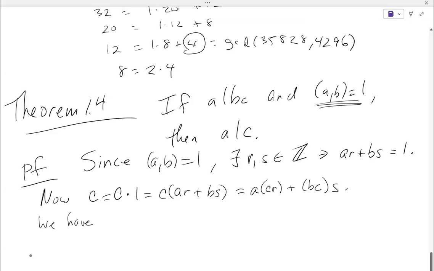Look at this first term. Remember, we're trying to show that A divides C, right? Do I know that A divides the first term of that sum? Yeah, it's a multiple of A, right? Do I know that A divides the second term? Yeah, that's what we're assuming, right? Okay, so we have certainly A divides A, period, and A divides BC by assumption.